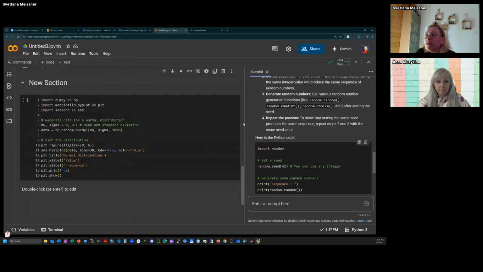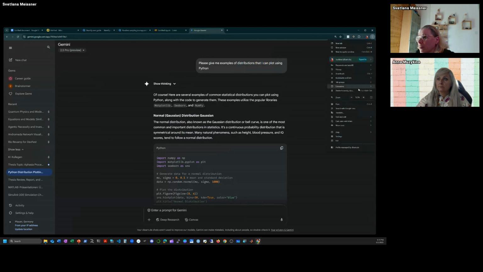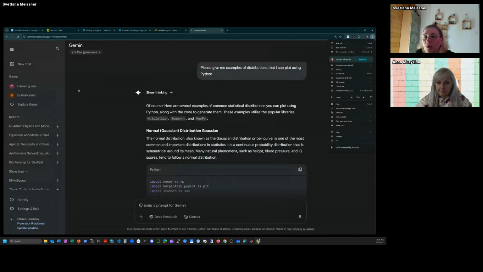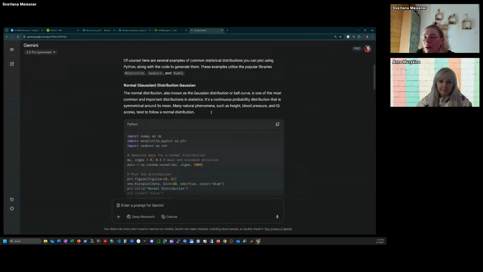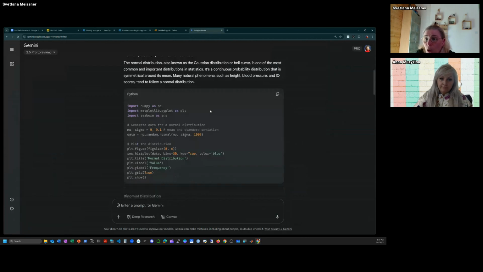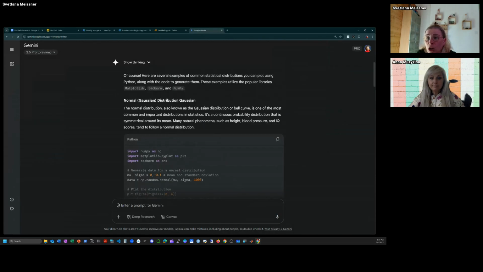What is interesting, I have here also, in Gemini, making it bigger. Using Gemini, I also asked about some plots about the distribution. So I asked about the normal Gaussian distribution, and we can use this code.